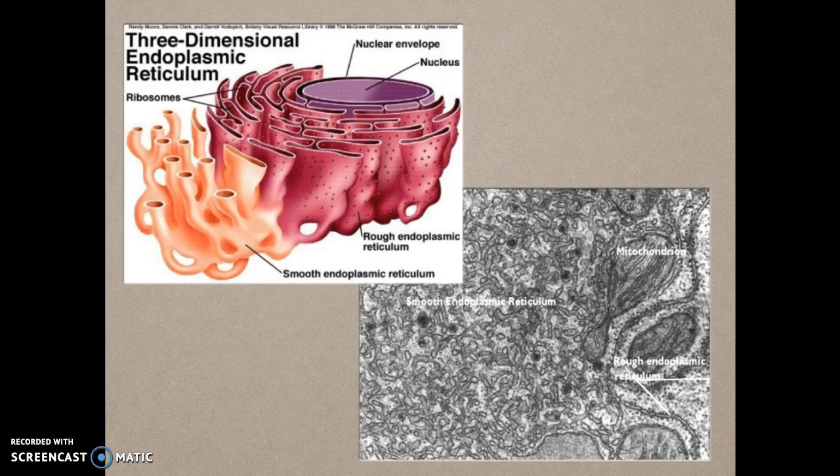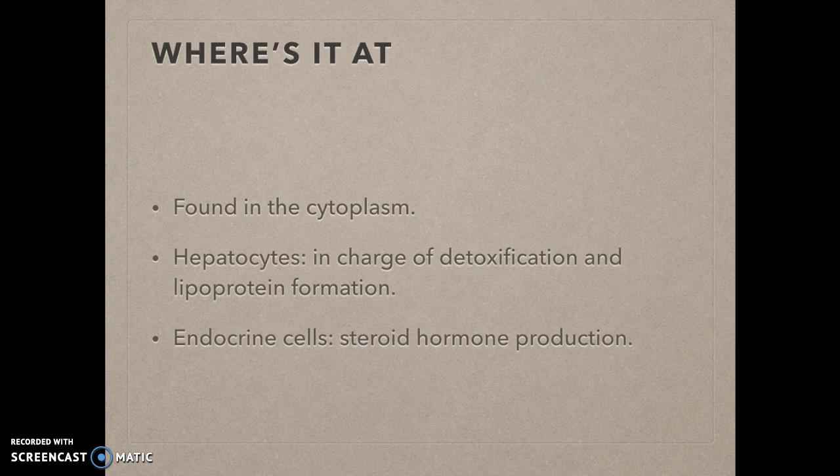The smooth ER is mostly involved in lipid synthesis and calcium storage, whereas the rough ER is mostly involved in protein folding and maturation. Like I talked about in the earlier slide, the smooth ER is found in hepatocytes and endocrine cells, whereas the rough ER is found in plasma cells and pancreatic cells.